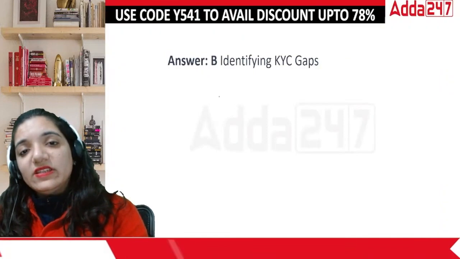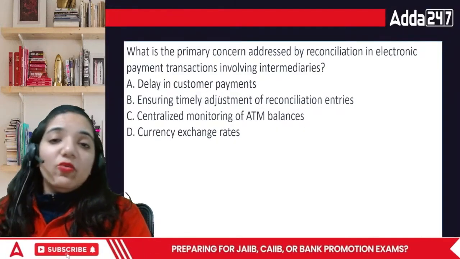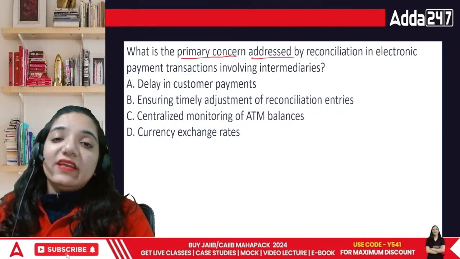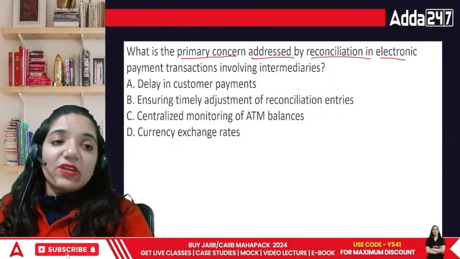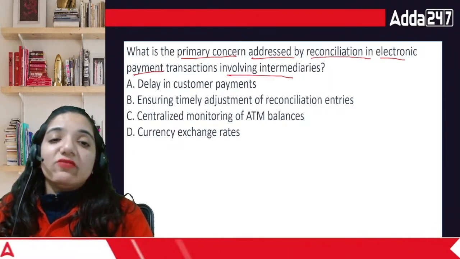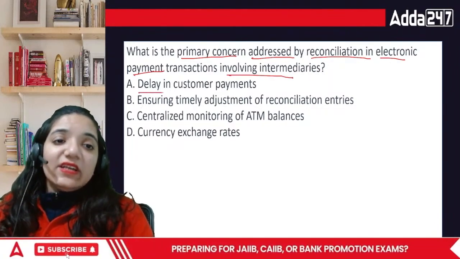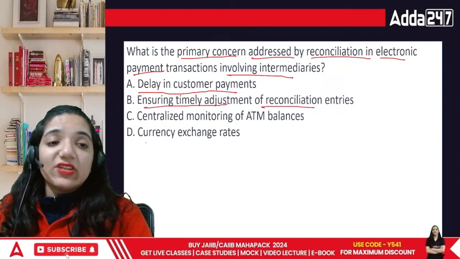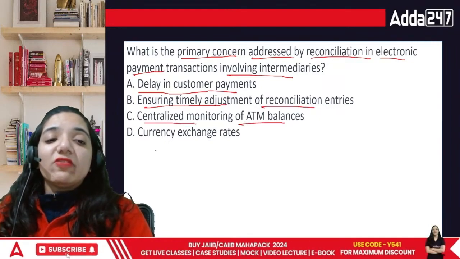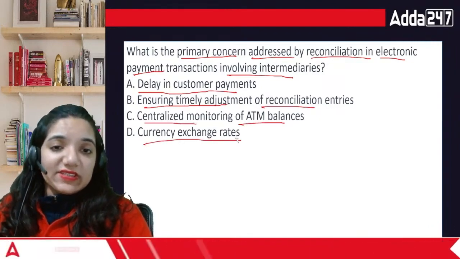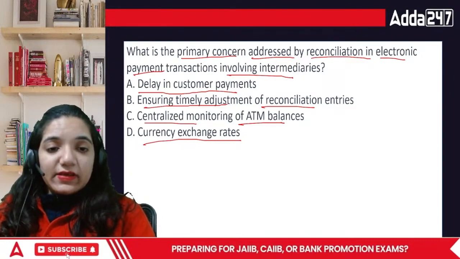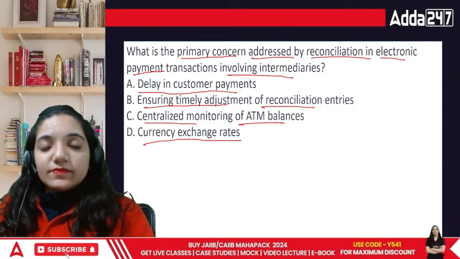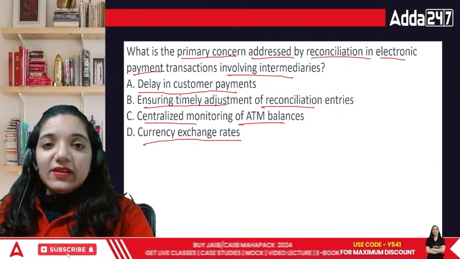Now, here comes the next question, everyone. What is the primary concern addressed by reconciliation in electronic payment transactions involving intermediaries? Delay in customer payments, ensuring timely adjustment of reconciliation entries, or centralized monitoring of ATM or currency exchange rates. What is the primary concern?